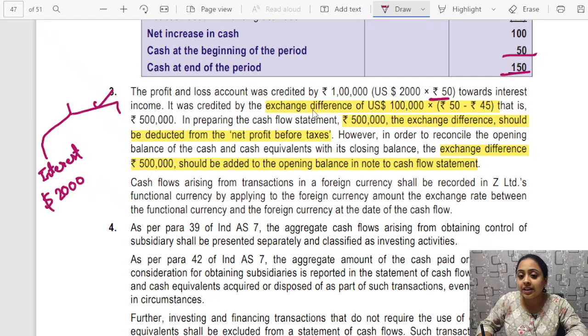It was also credited by exchange difference, that is 55 rupees, and the exchange difference was rupees 5, that is 50 minus 45, making 5 lakh rupees. So 1 lakh here and 5 lakh here.